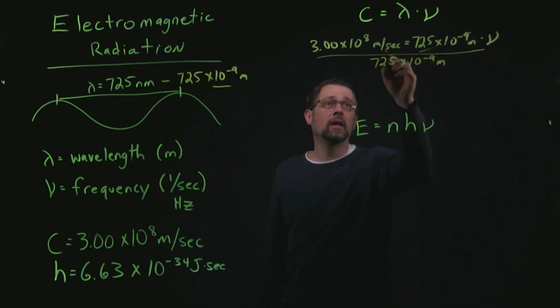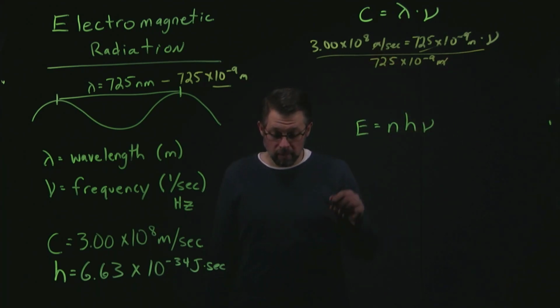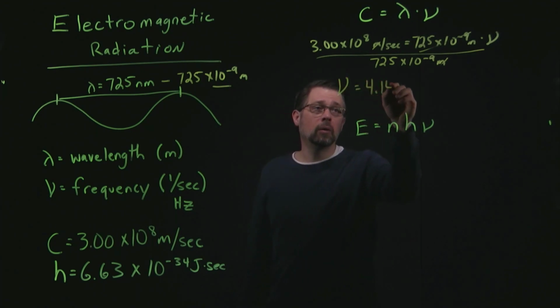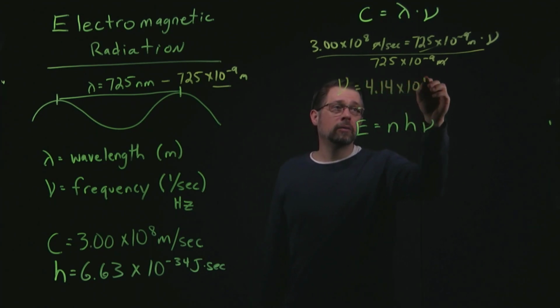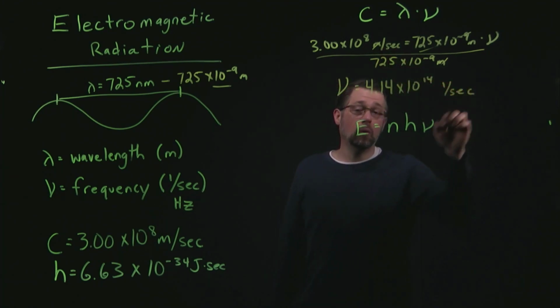It will cancel out on that side, the meters will cancel, and I'll be left with the frequency, which is equal to 4.14 times 10 to the 14th, and what's left is 1/seconds, or hertz.